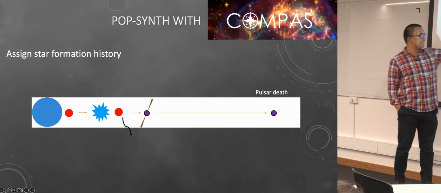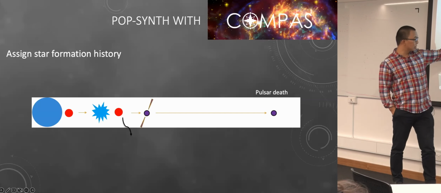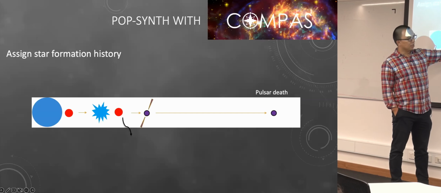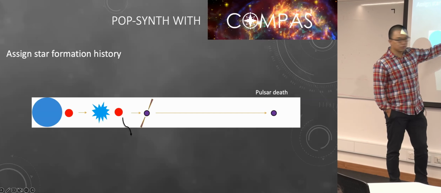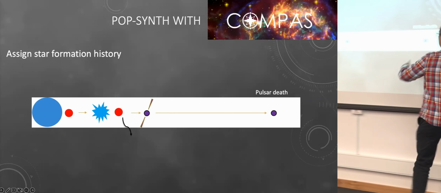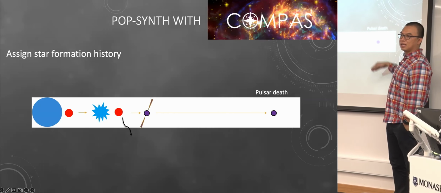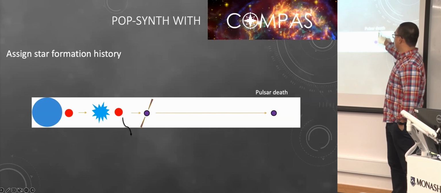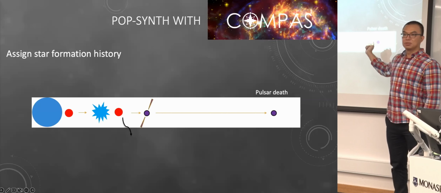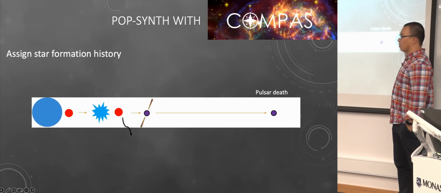The low mass star would be lost, and we are then just left with the pulsar emitting either in radio or in gamma ray. We're going to decide that later. The pulsar lives for a certain amount of time until it slows down so much that it reaches what we call the death line, where it cannot be observed emitting radio or gamma ray emission anymore.